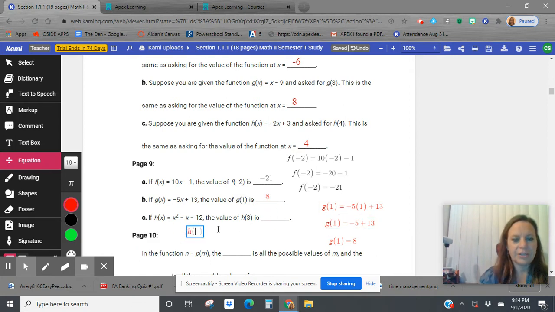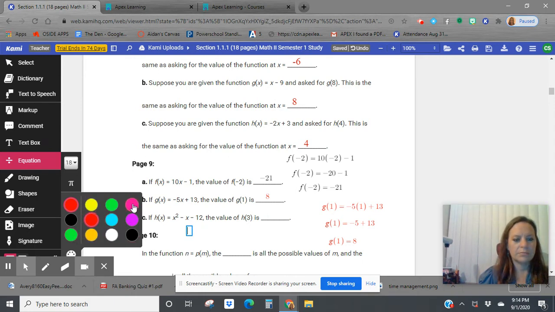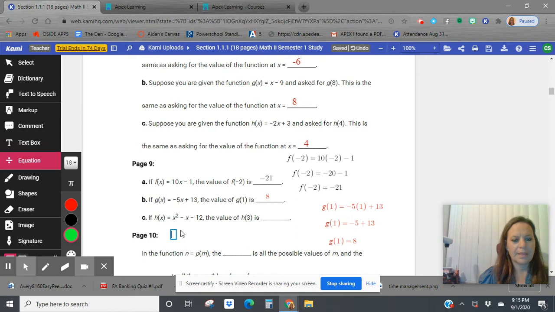Finally, I'm going to do h of 3, but I'm going to use, let's go green. When I do a plugin for 3 squared, I'm going to use the Shift 6, which gives me that little up arrow, and that gives me a power of 2, minus 3, minus 12. Nine minus 3 minus 12.